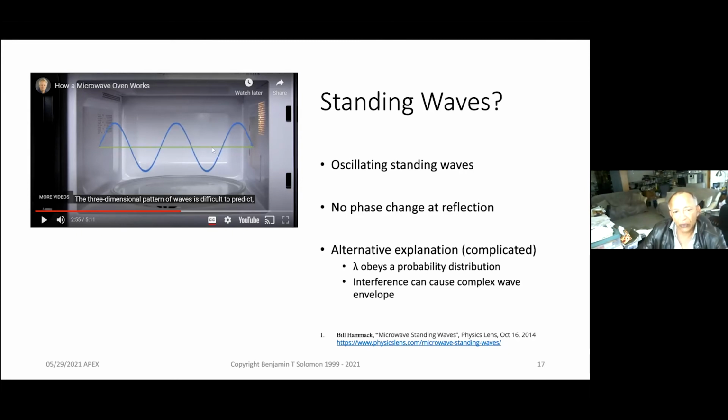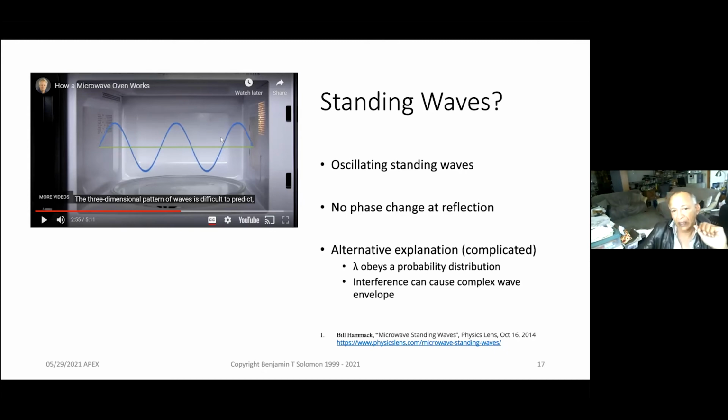So what he shows in this graph is that the phase angle is consistent whether it's reversed or shifted, which means that there's no phase angle shift in the microwave with respect to this type of surface. And you get the jiggling of the water molecules because the crest becomes a trough and the trough becomes a crest, and they keep alternating.